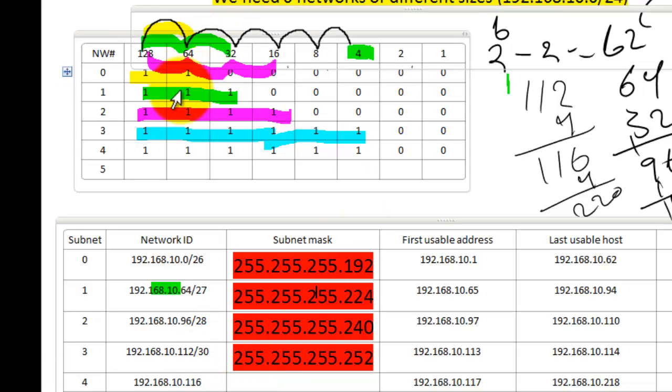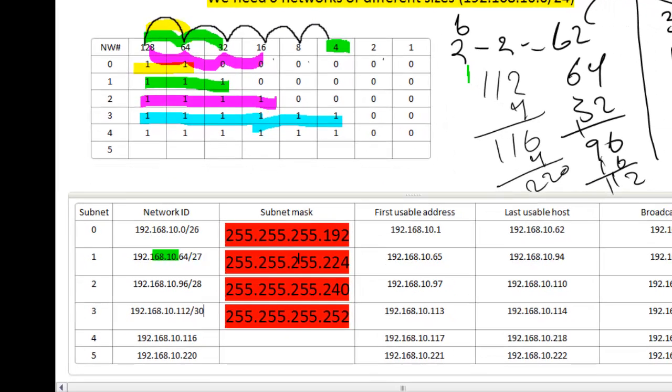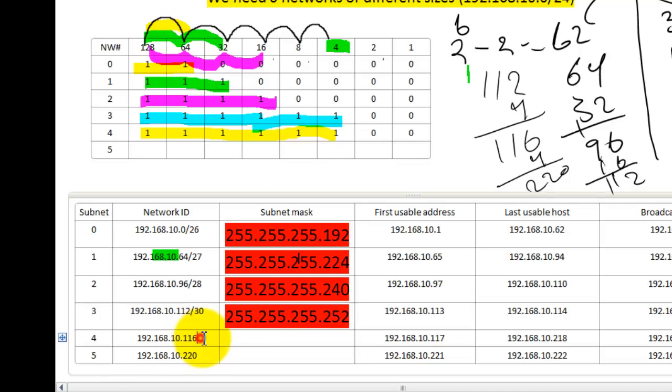So the next one here, let me use the yellow. How many bits did we borrow? 1 2 3 4 5 6 again, 6 again here. So those will also be slash 30, 6 bits, 30.